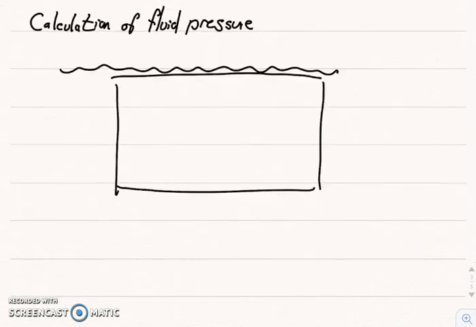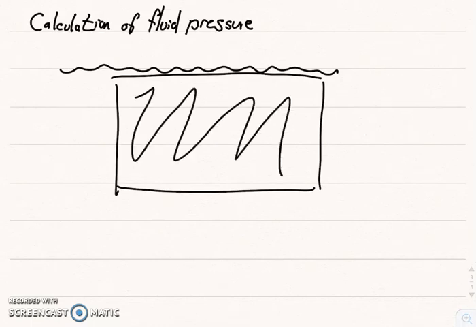So now let's return to the problem of calculating the total fluid force on this entire plate. We know the pressure now at any depth d. If we pick a little point, the pressure at depth d is rho dg.